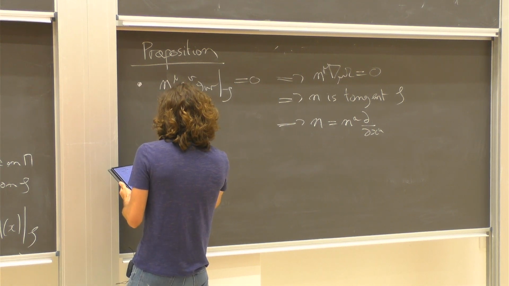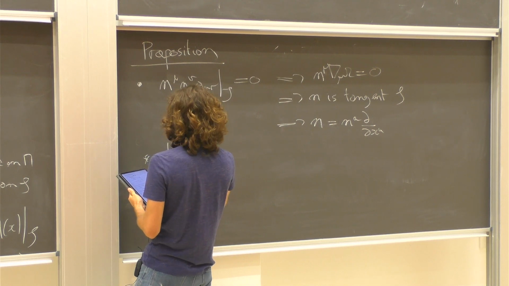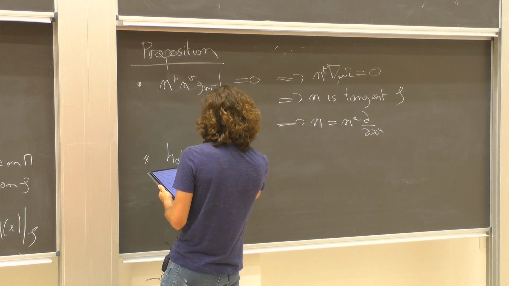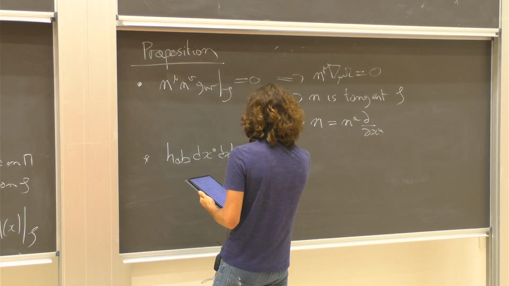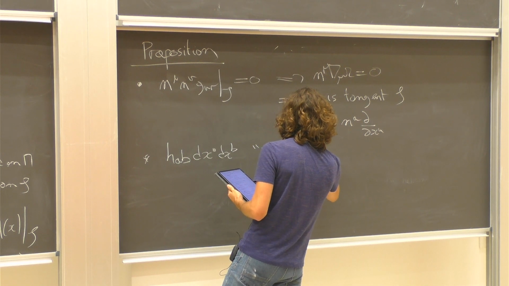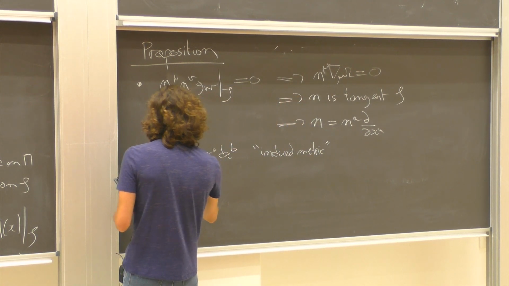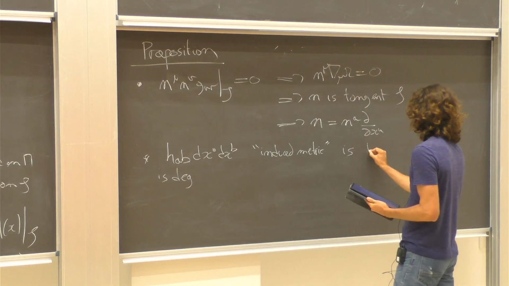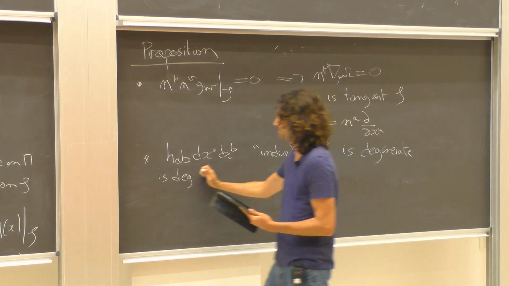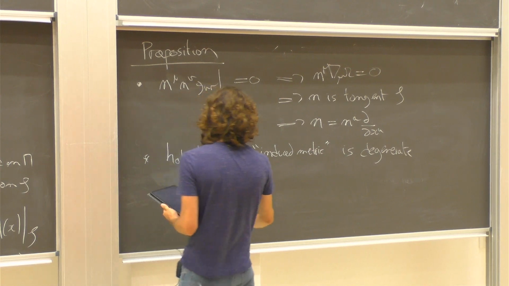And the induced metric is degenerate. So this metric, which I'm going to call the induced metric, is degenerate, so we have this null geometry. And they relate to the vector field as follows.